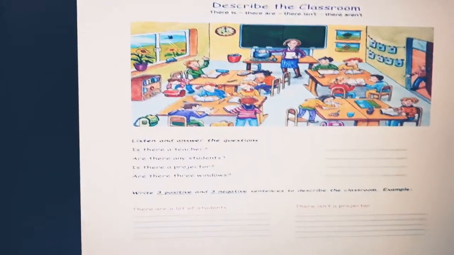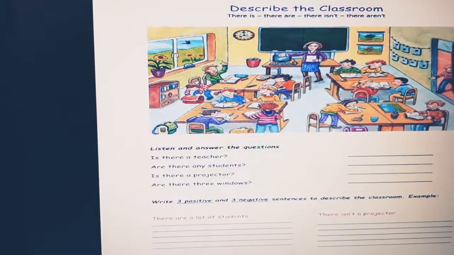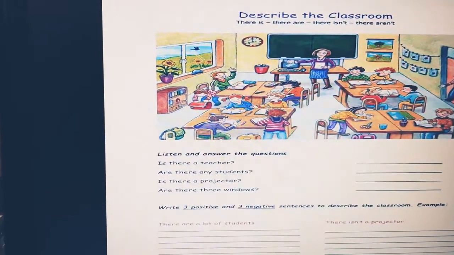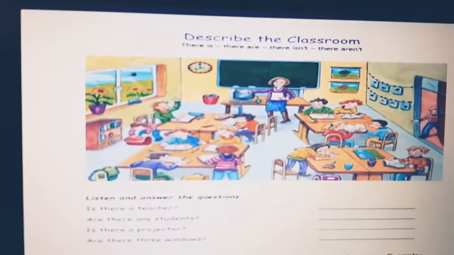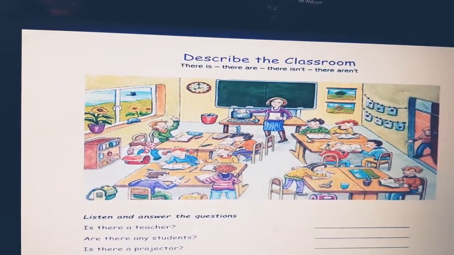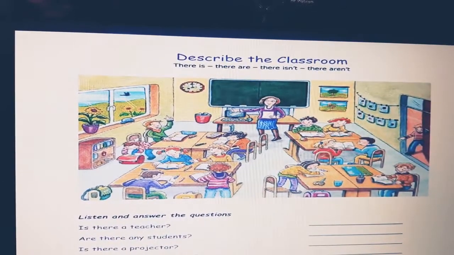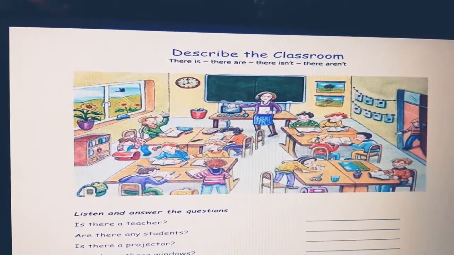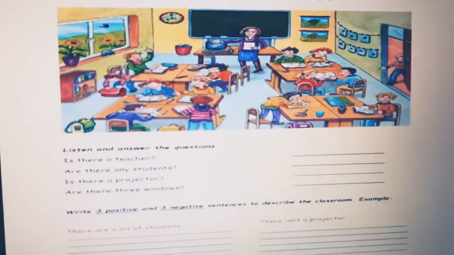Describe the classroom. I have the next questions here. In this case, do you remember short answers, yes or no? So, checking the picture, there is a classroom and we have different students. Okay, check. Are you a visual student or not? Okay, we continue.